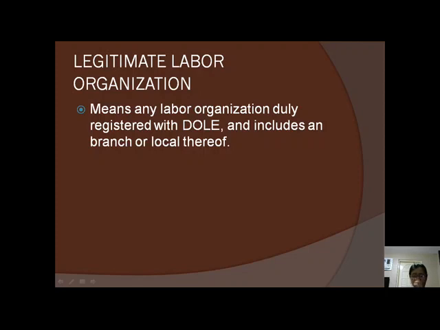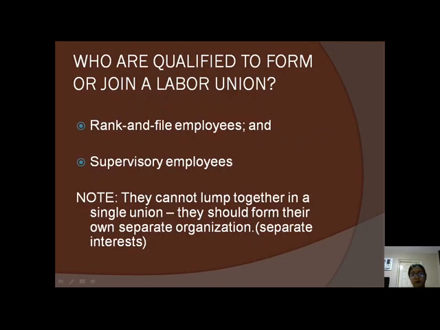So, who are qualified to form or join a labor union? Of course, rank and file employees and supervisory employees. They cannot lump together in a single union. They should form their own separate organization, since they have separate interests.